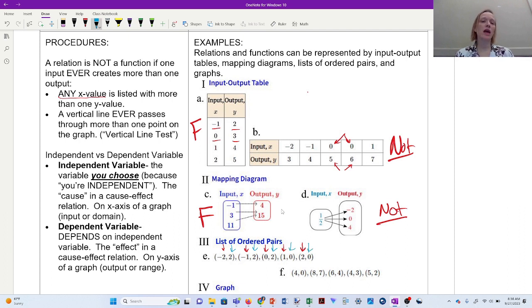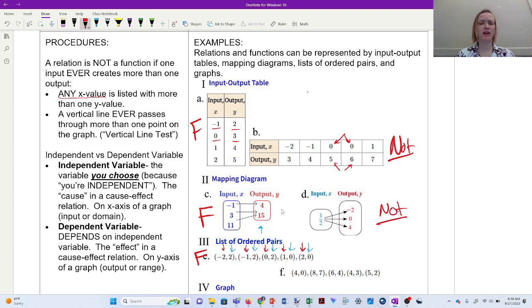So if you look at this example, the outputs are repeated. We've got 2 a few times, we've got 0 a few times, but this is okay. This is similar to this example here where you have repeated outputs. The important thing is that there are no repeated inputs. So this example is a function.